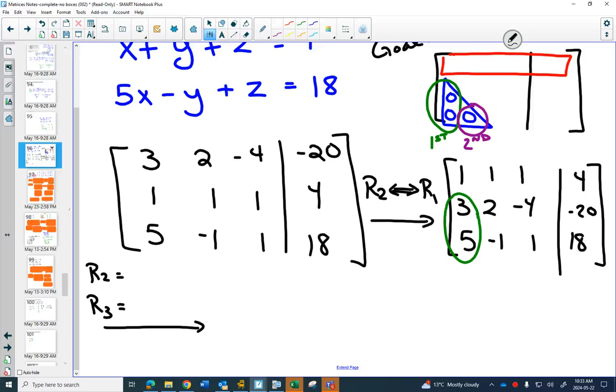I want to make that go away and be a 0. Can you see that I could do that by taking row 2 and minusing 3 row 1s? And if I want to make the 5 equal to 0, I could do that by taking row 3 and subtracting 5 row 1s.